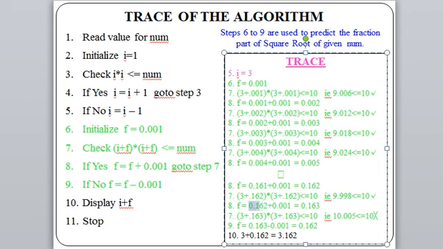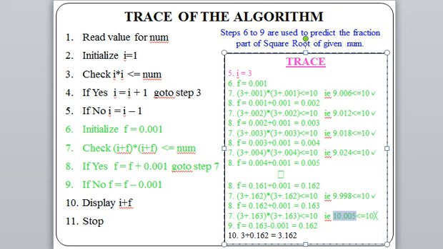Add this f value 0.162 by 0.001, and we get the new value of f, which is 0.163. This value added with 3 gives 3.163, multiplied by 3.163, which is definitely greater than, or not equal to, 10.